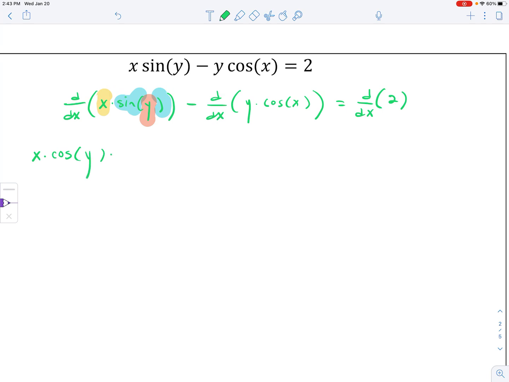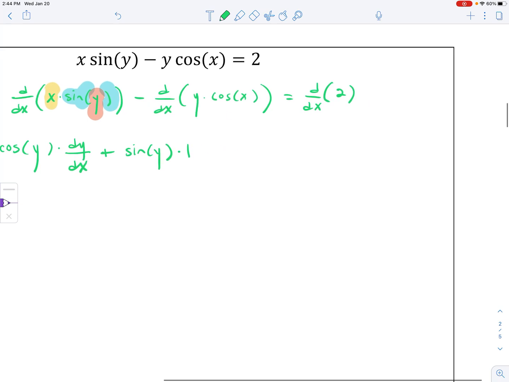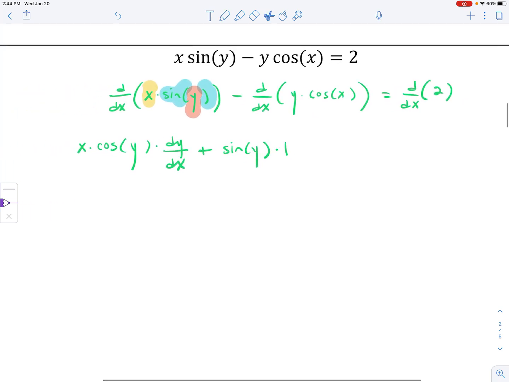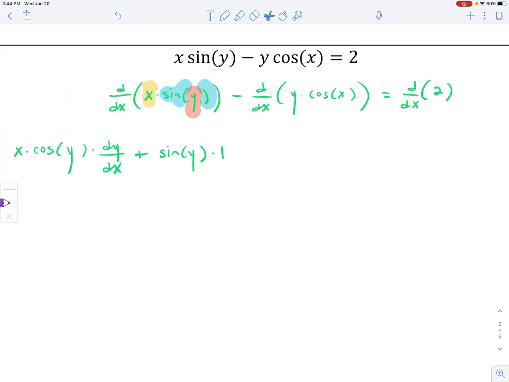So the derivative of sine is cosine. We leave the inside alone, which is y, times the derivative of y with respect to x, plus the second factor, which is sine of y, times the derivative of the first, which is just 1. So that's the derivative of that first product.